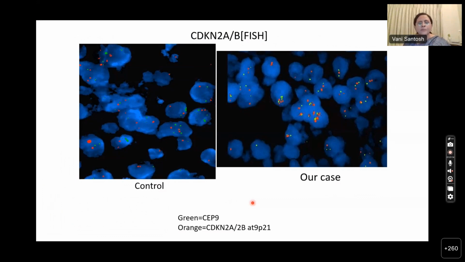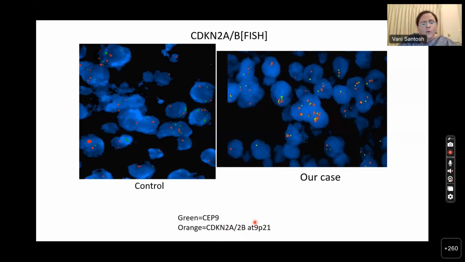And in our case, what happened? How do we detect CDKN2A/B homozygous deletion? By the simple FISH technique. You might have read about the FISH technique, or you might have seen those who are doing breast cancer work, HER2. So this is the technique where it is histology based, and then we look at interphase nuclei.